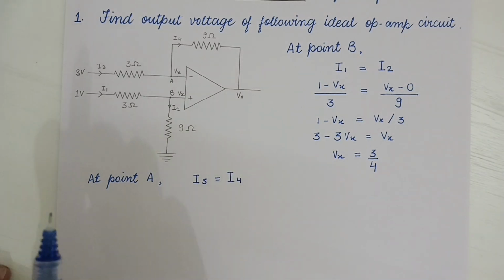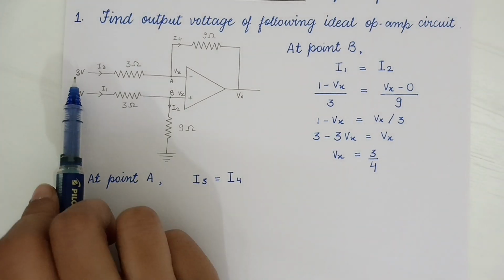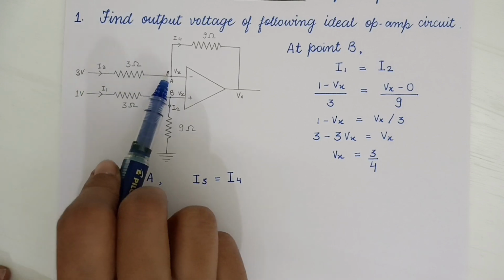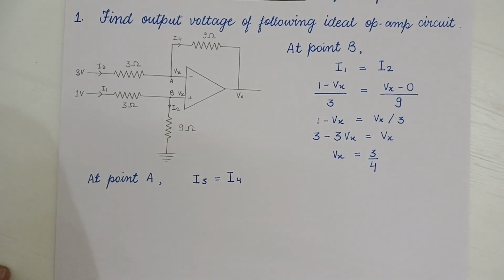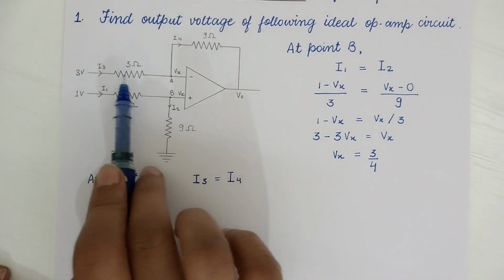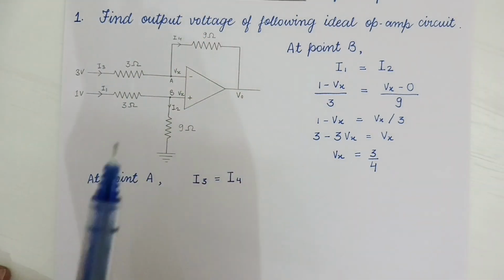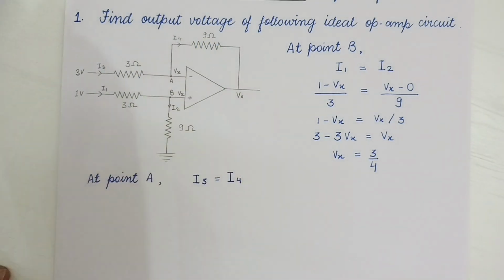Again, the same concept, I is equal to V by R. So V is 3 volt here and Vx here. So we will write 3 volt minus Vx divided by the resistance, that is 3 ohm. And for I4, Vx minus V0 divided by 9 ohm, the resistance over here for I4.